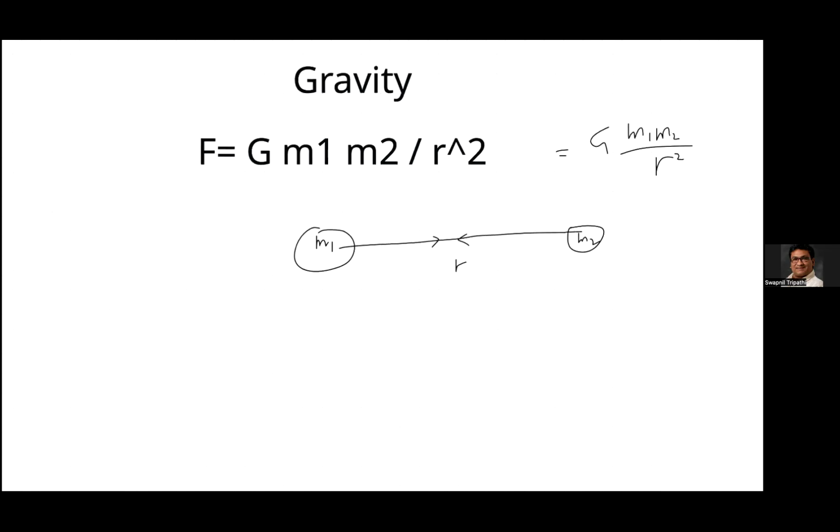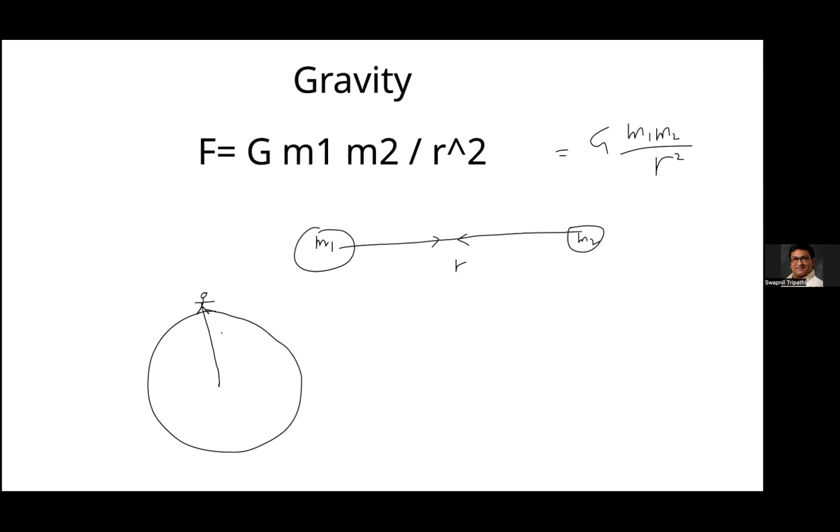Now we can apply it to the earth. For a person standing on earth, the weight of the person is actually due to the gravitational attraction of the earth. And so when we talk about the distance, then that distance is from the center of the earth, the distance of the person from the center of the earth.